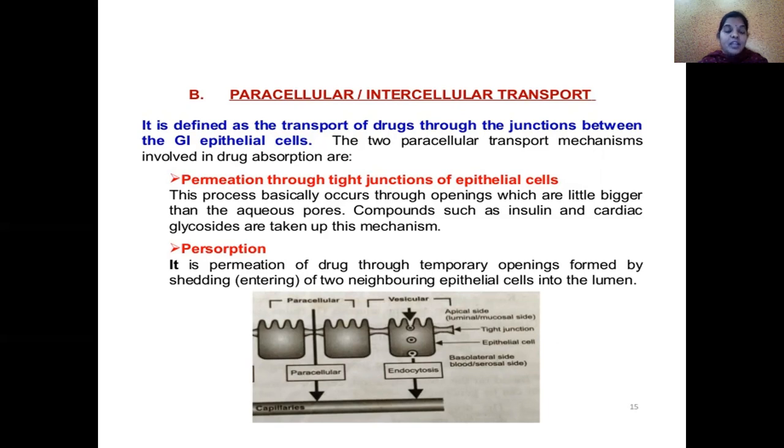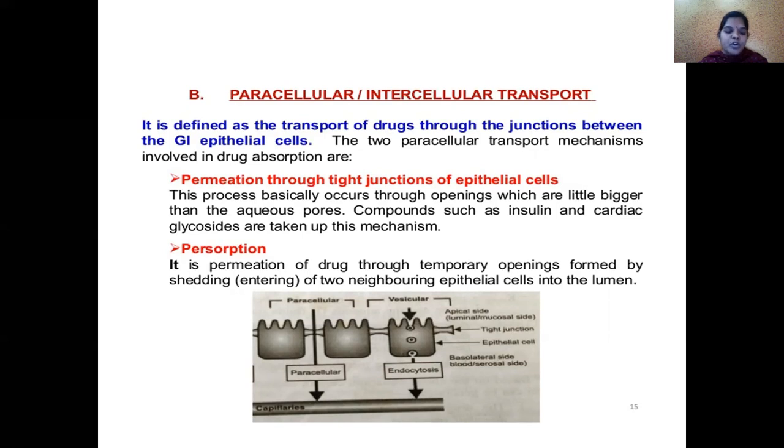Intermediate means the transport will occur in the middle, in between. It is defined as the transport of drugs through the junctions between the GI epithelial cells. Once again, I am reading: it is defined as the transport of drugs through the junctions between the GI epithelial cells.